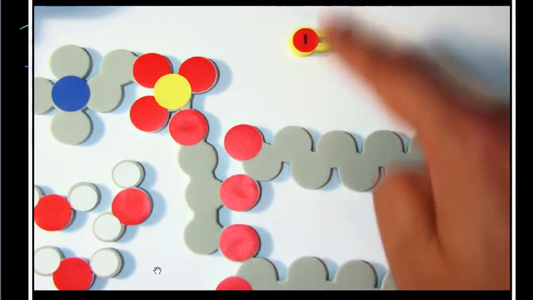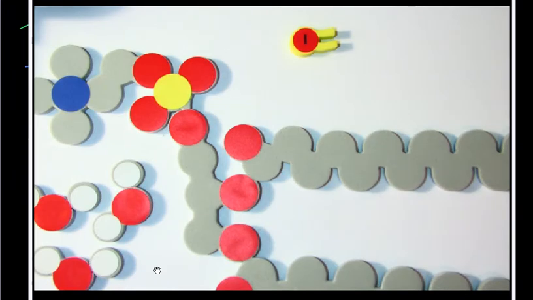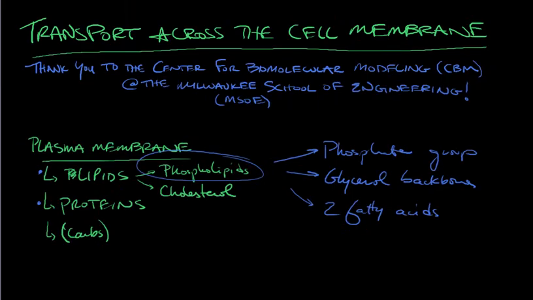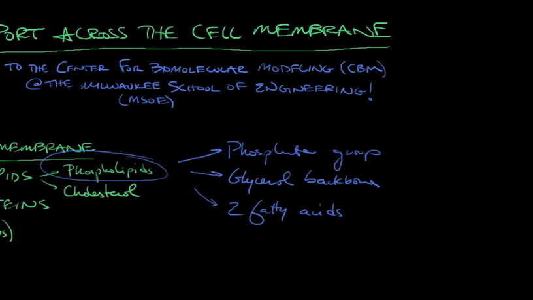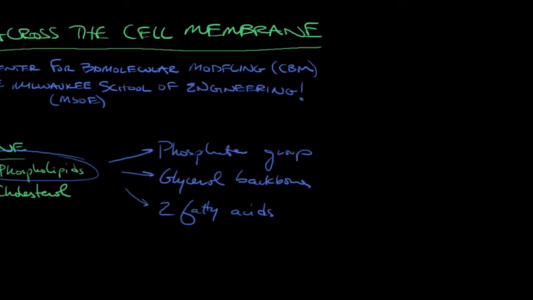Okay, so let's draw this a little bit, and I'm going to minimize my camera here. So I'm going to scoot over to the right just a little bit. I'm going to draw it in yellow. And we have our 2 fatty acid tails. Okay, so this is going to represent my phosphate group. I'll do this in red. Or I don't think I have a red, I have a pink. Okay.